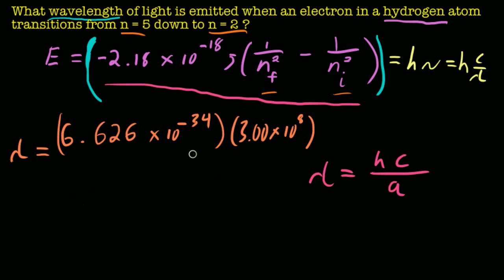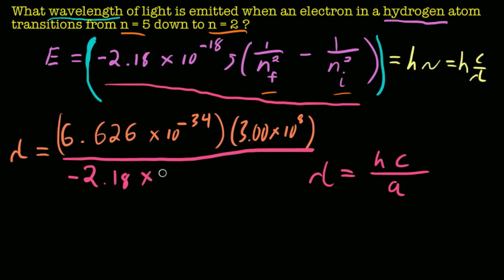And now we just have to divide all of this by what we called A. So we're going to divide everything by minus 2.18 times 10 to the minus 18 times 1 over some numbers here, so 1 over n final squared.